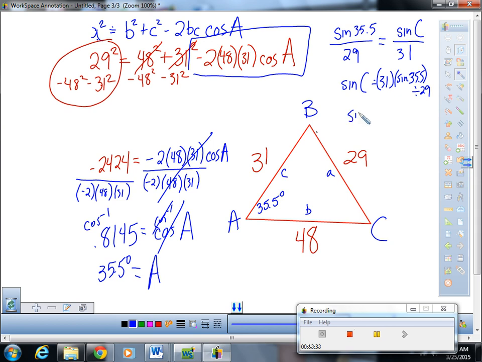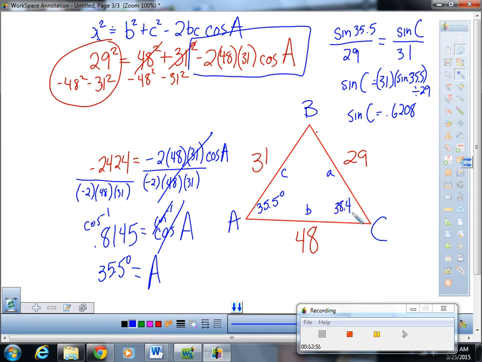You get sine of C is 0.6208. Take the inverse sine of both sides. And you get C is 38.4.